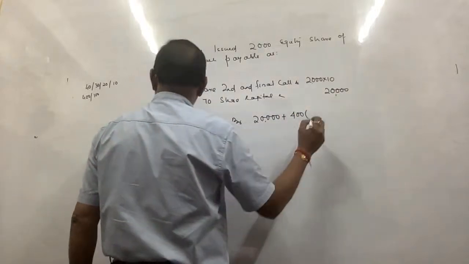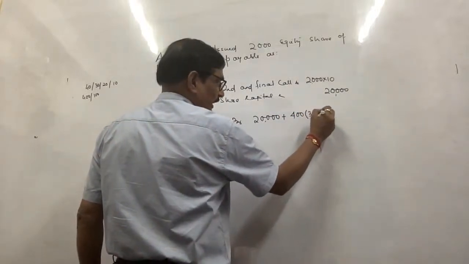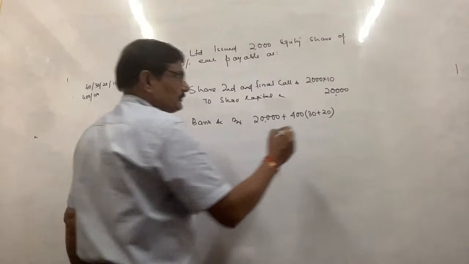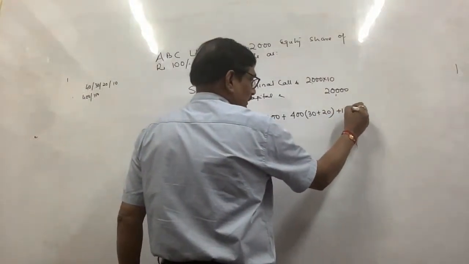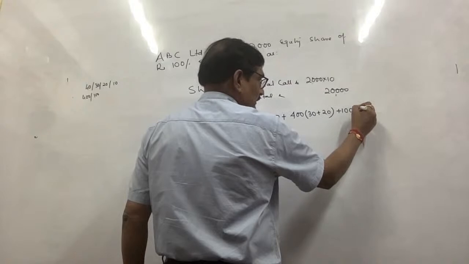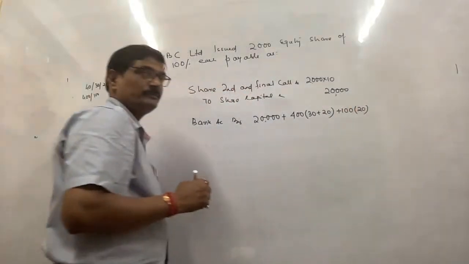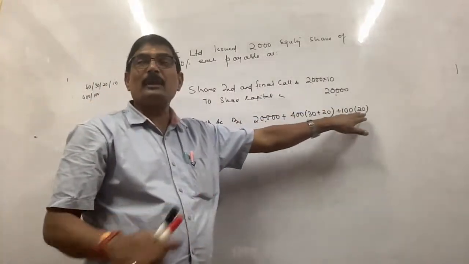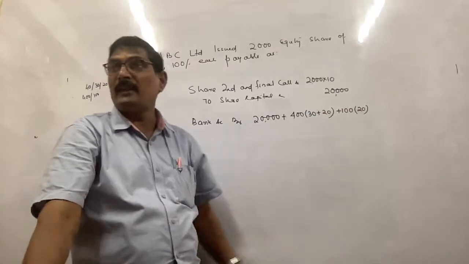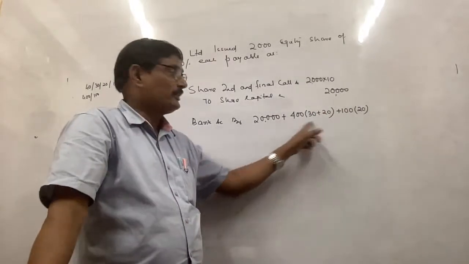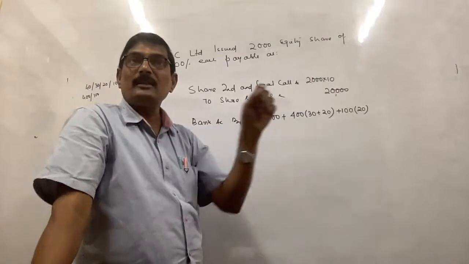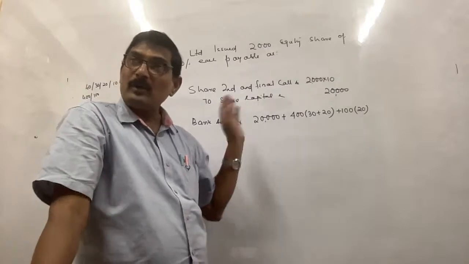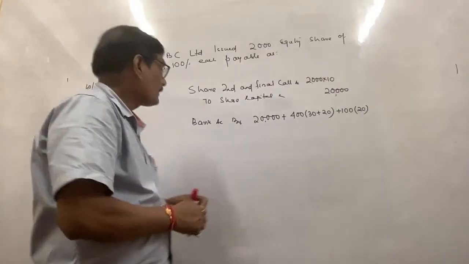Now they are paying allotment money and first call money, the arrear one, and holder of 100 shares, they are paying the first call money. This amount and this amount, it was placed under calls in arrear. Now they are paying it. Calls in arrear, previously we have treated it as an asset and hence debited. Now we have received it, so it is to be cancelled.